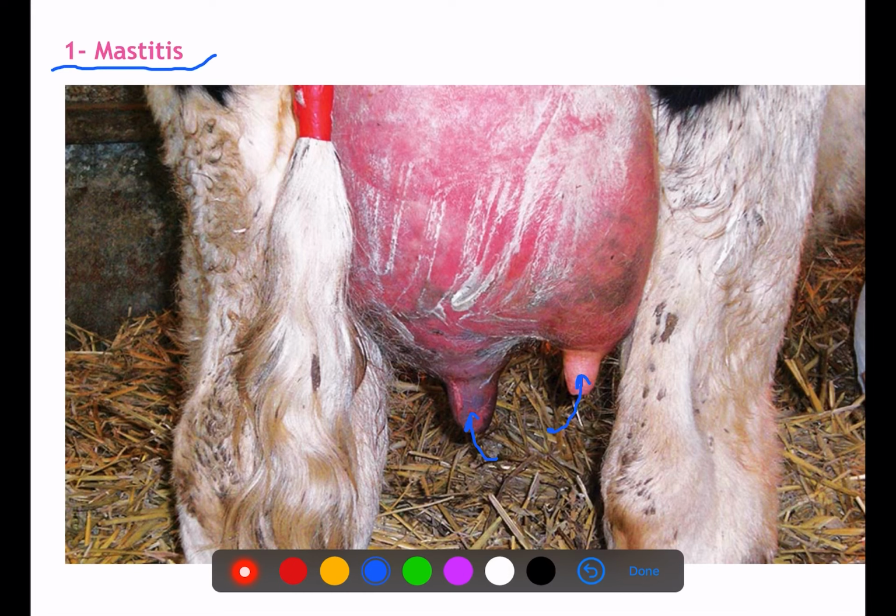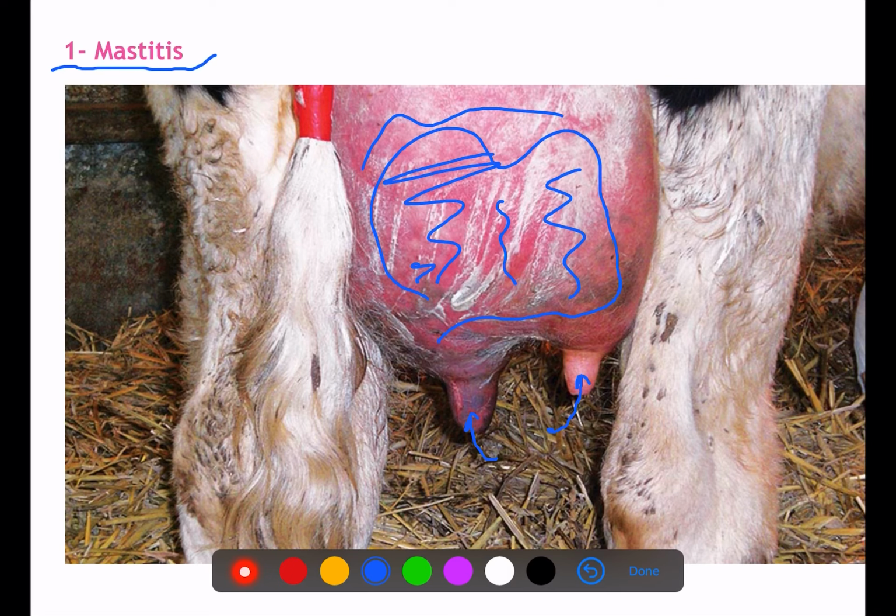The characteristic features are signs of inflammation: redness, congestion, hyperemia, acute inflammation. Also chronic inflammation, gangrene, and granulomatous inflammation all occur within the mammary gland.